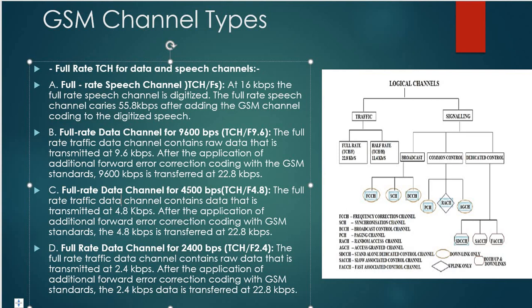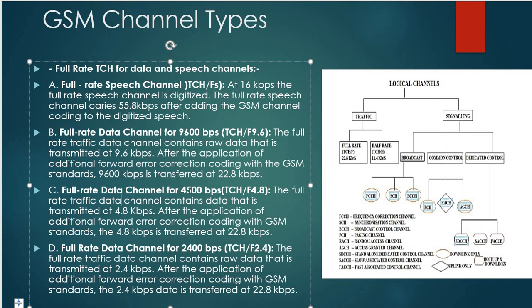Next, the full rate data channel of 2400 bps. So the first point is the speech channel and the others are the data channels. Different types of allocations are there: 9600, 4800 and 2400 bps.